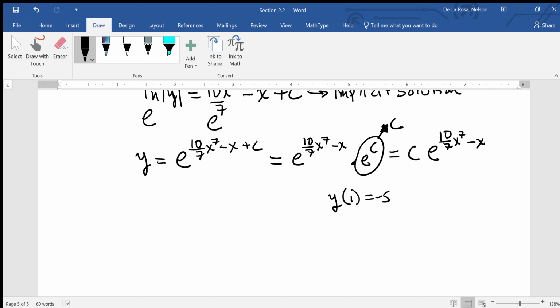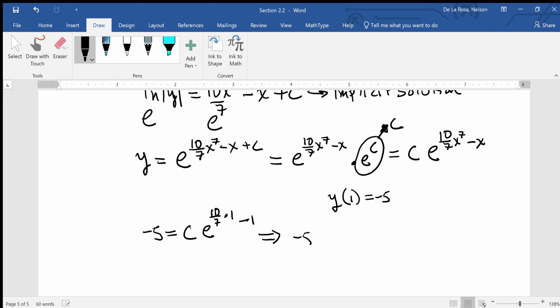We have negative 5 equals c e to 10 over 7 times 1 minus 1.